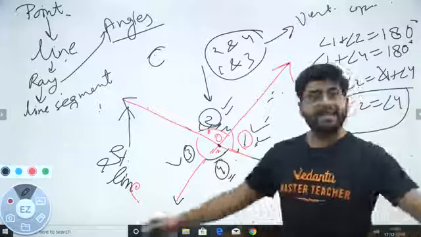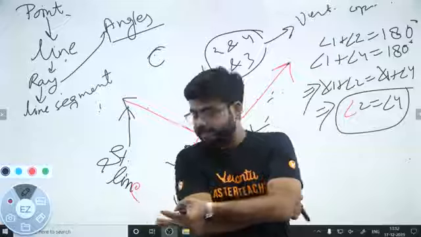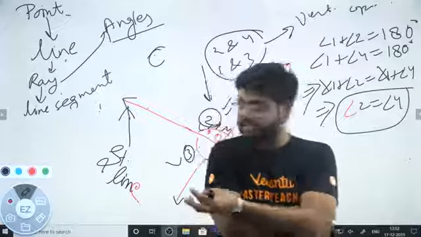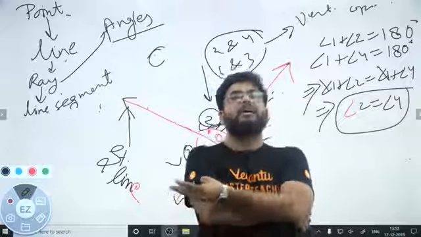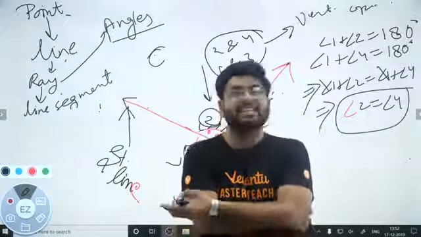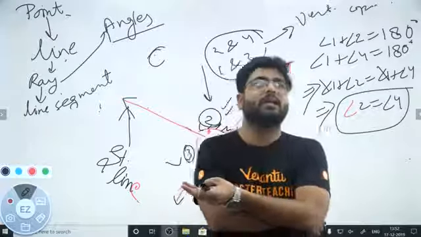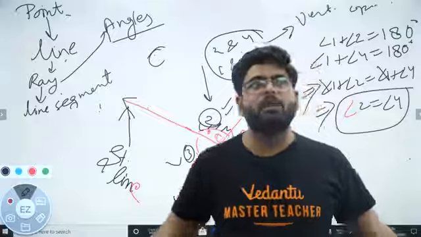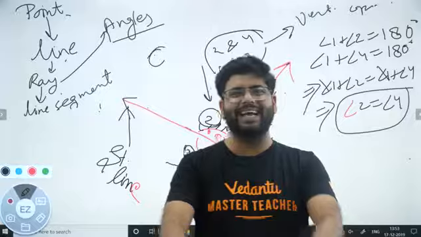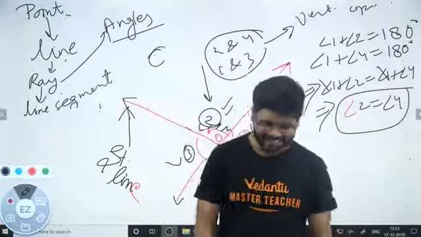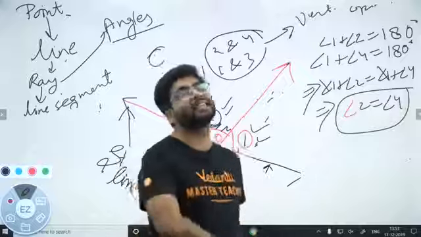So guys, we have really discussed so many things. We have discussed the vertically opposite angles, we have discussed the adjacent angles, we have discussed linear pair, right? We have discussed the properties of linear pair, we have discussed properties of adjacent angles, right? ठीक, we have discussed complementary, supplementary, adjacent angles and the linear pair.